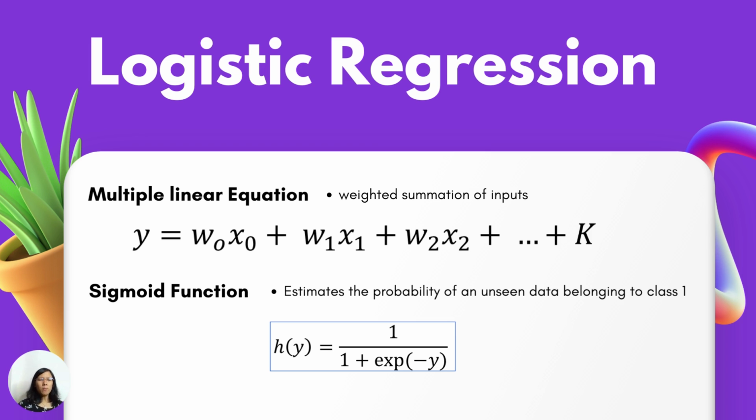First of all, we start with the multiple linear equation, which is a weighted summation of your inputs. Then the outcome y from this weighted summation is fed into the sigmoid function to estimate the probability of the data belonging to class 1 or class 0. The parameters for logistic regression are usually estimated using maximum likelihood estimation.